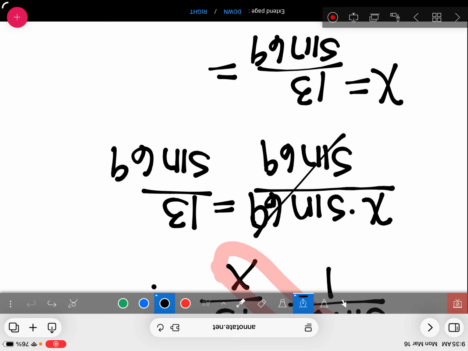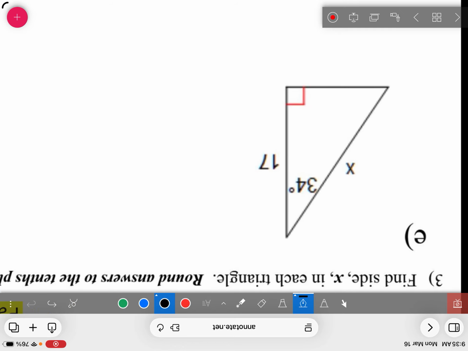Identify sine, cosine, tangent. We're going to try again. I want you to label, and I want everybody to pick something. Pick sine, cosine, or tangent. That's what I want you all to do for this next question.